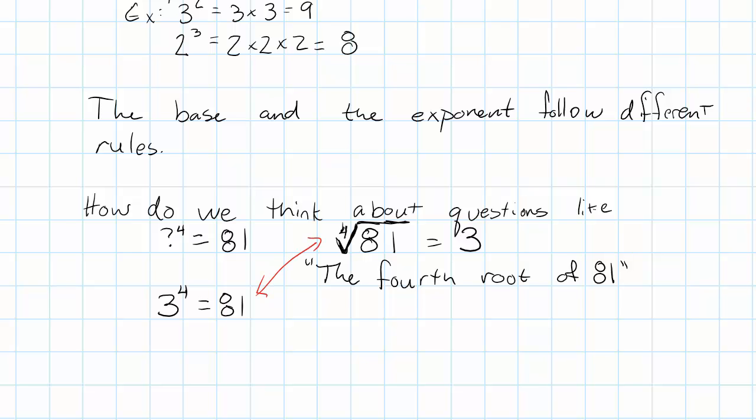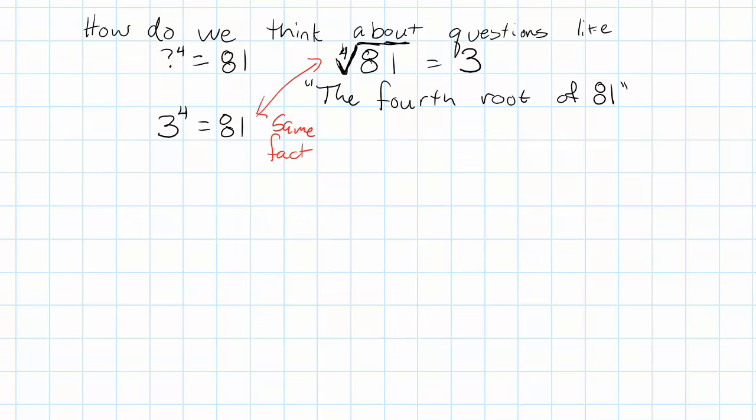These two statements describe the same fact. To say 3 to the 4th equals 81 means the same thing as to say the 4th root of 81 is 3. We like to ask this question in particular about second powers. So in particular, we like to ask the question, what to the 2nd power equals, for example, 49?